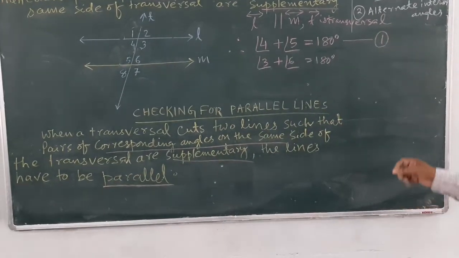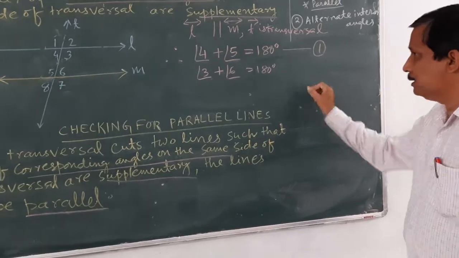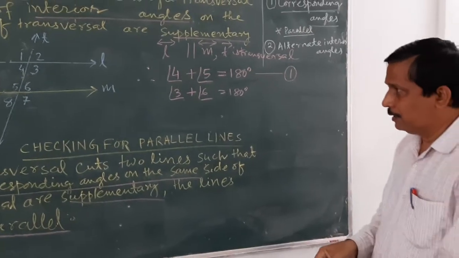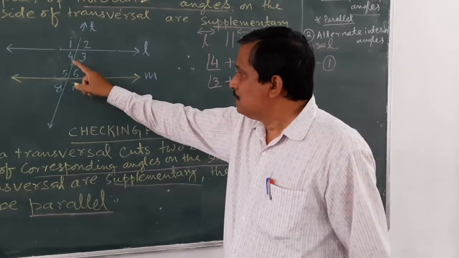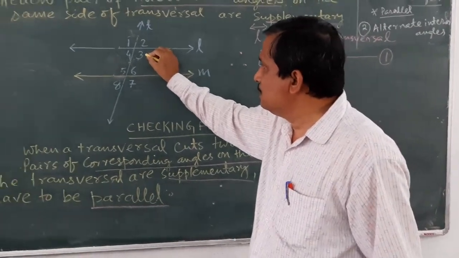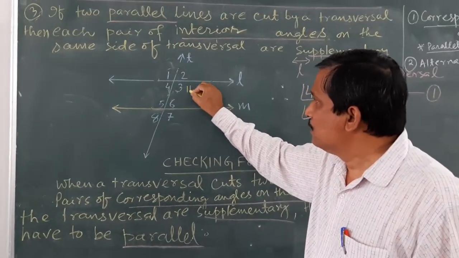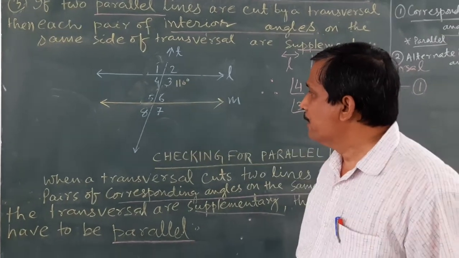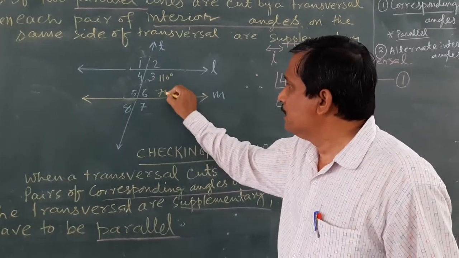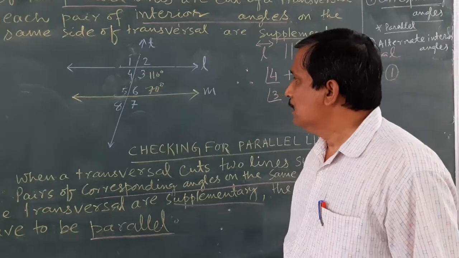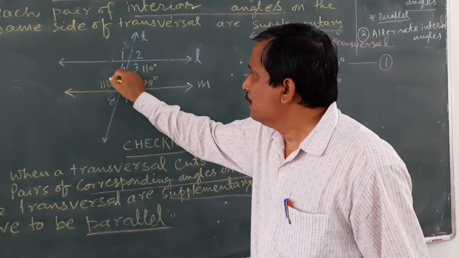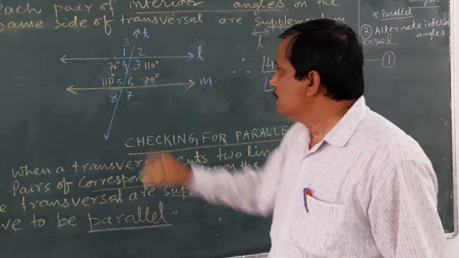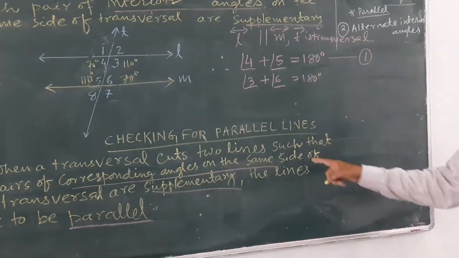So you see here, suppose another case we will take. Suppose I am taking other values. Suppose this angle 3 is 110 degrees and angle 6 is 70 degrees. So we will now check the angles.